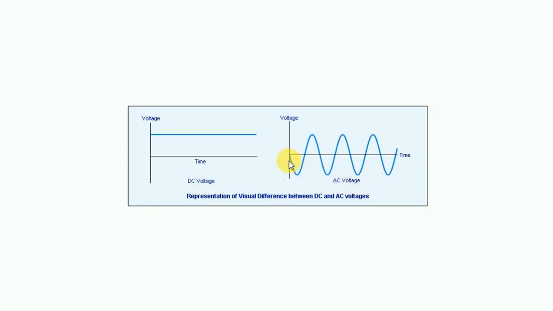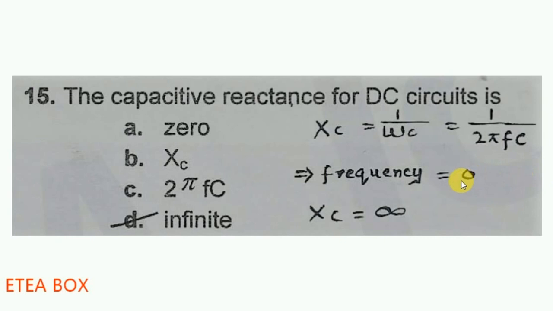In case of AC there are cycles, and we know that frequency is cycles per second, and in case of DC this is a straight line. So frequency in case of DC is 0. When you divide anything by 0, it gives infinity. So the capacitive reactance for a DC circuit is infinite.